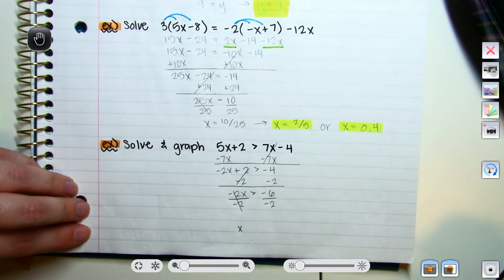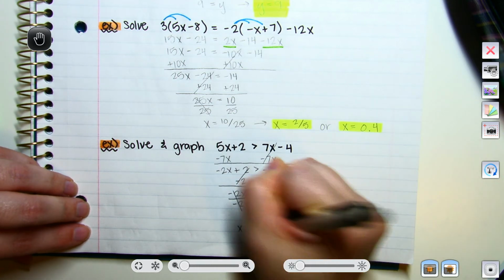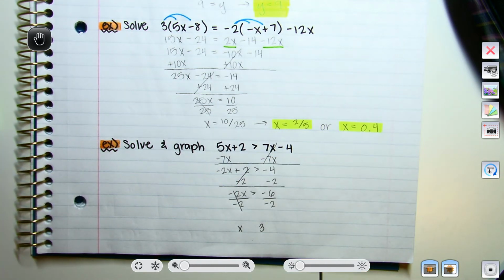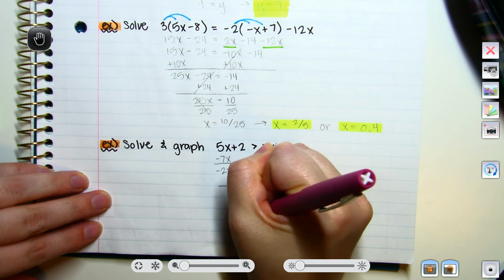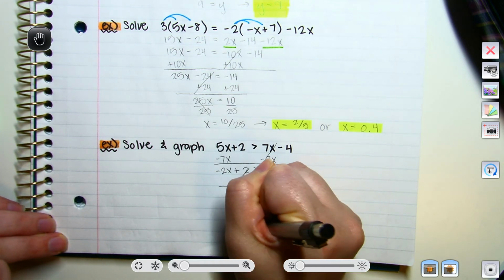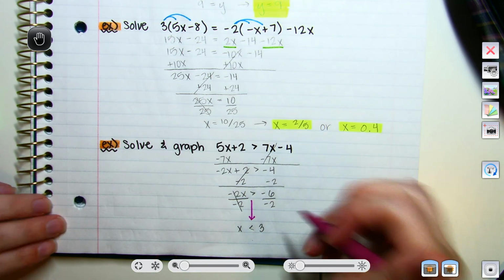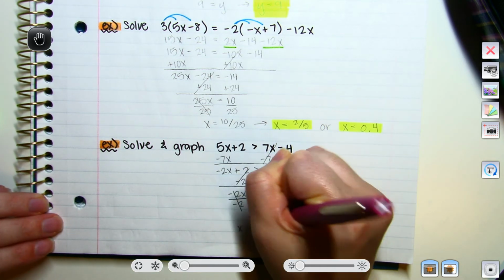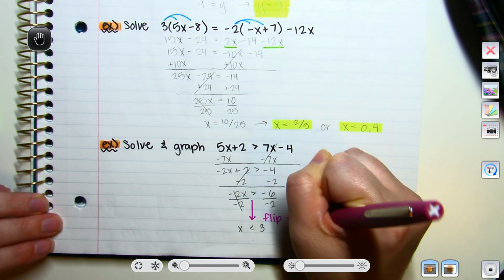Negative 6 divided by negative 2 is positive 3. But when you multiply or divide by a negative, what do you have to do to your sign? It flips. So flip the sign.